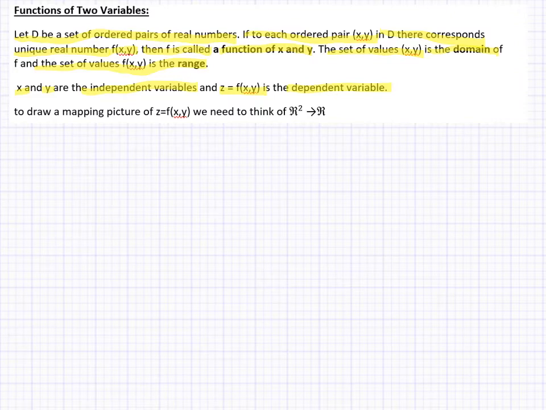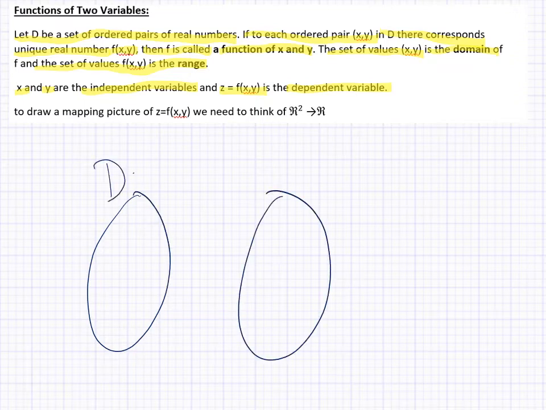If we were to draw this picture similar to what I just did with the single variable, here's your domain, here's your range. The domain now consists of points (x, y), ordered pairs x and y. There's not just a single variable, but two variables there.